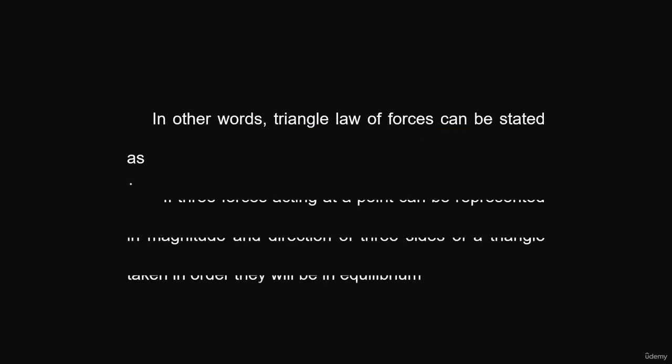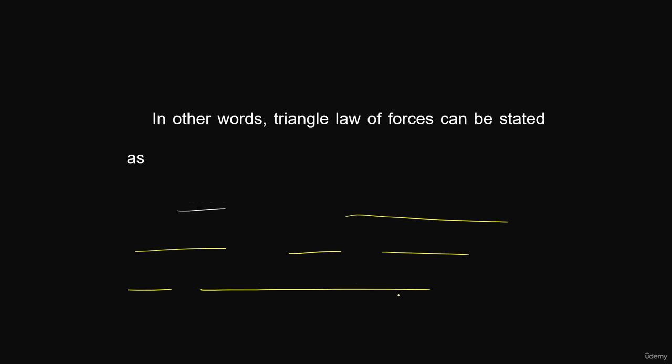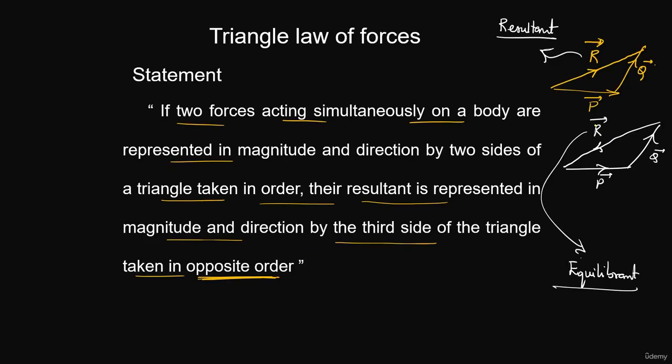So in other words, the law of forces can be stated as: if three forces acting at a point can be represented by the magnitude and direction of three sides of a triangle taken in order, they will be in equilibrium. So earlier we were calling this the resultant. Now when R is made negative, this negative R is going to be the equilibriant.